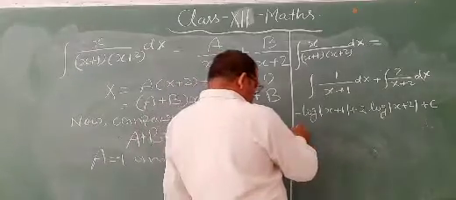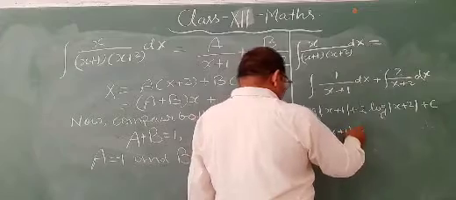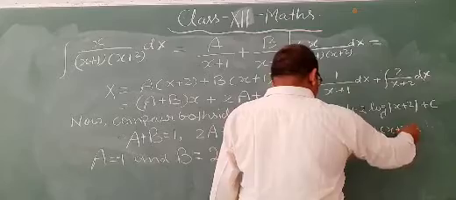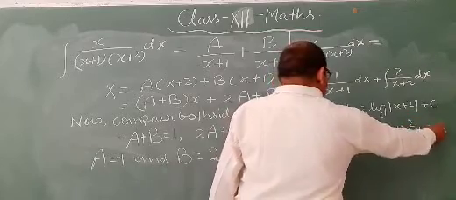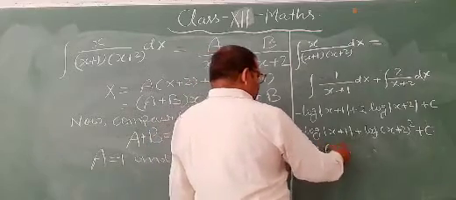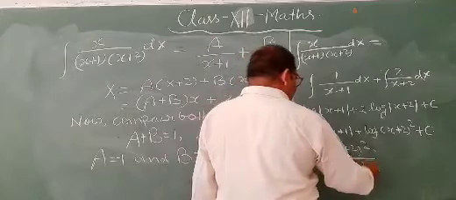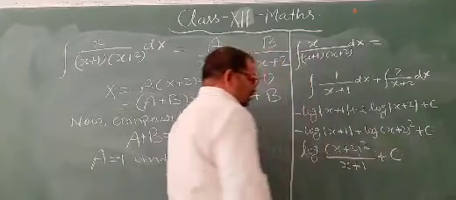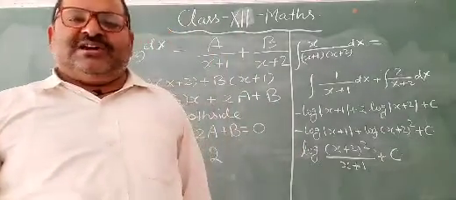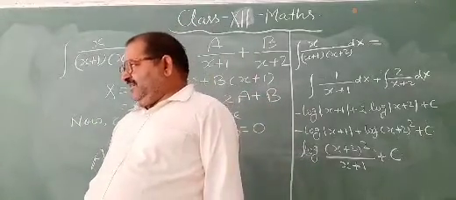So minus log(x plus 1) plus log(x plus 2) square plus c. Therefore log of (x plus 2) square upon (x plus 1) plus c. This is the required result of the given integration.